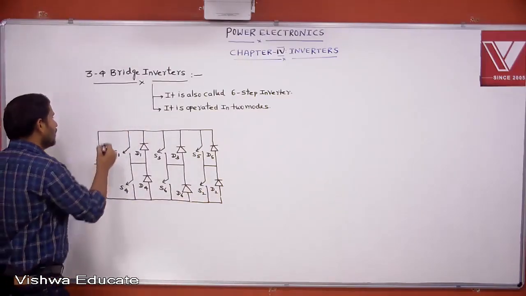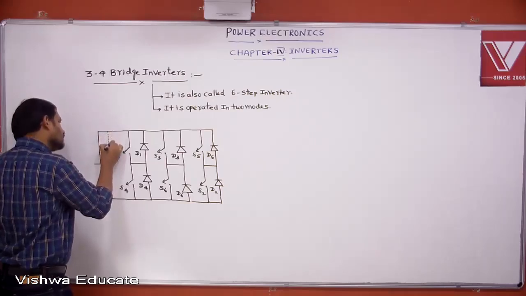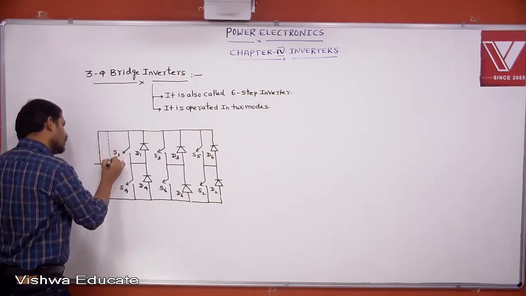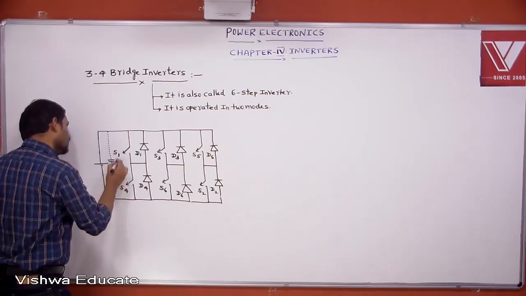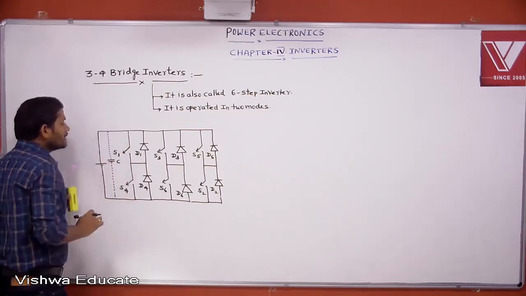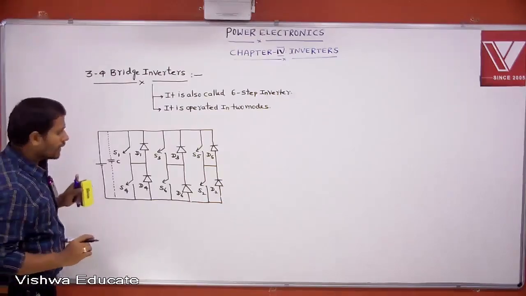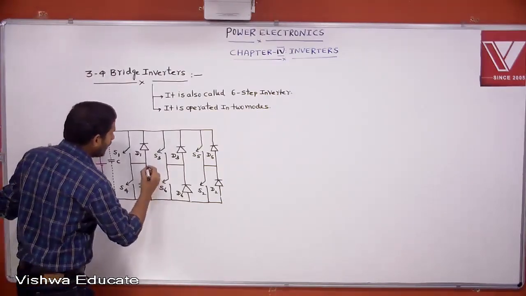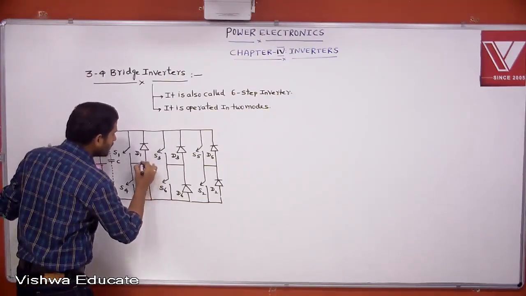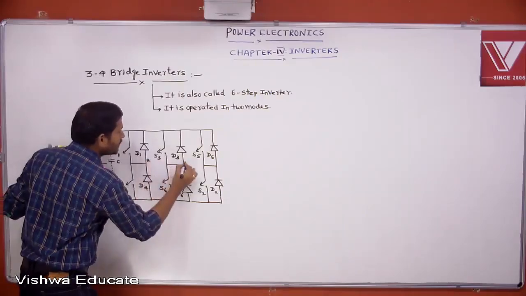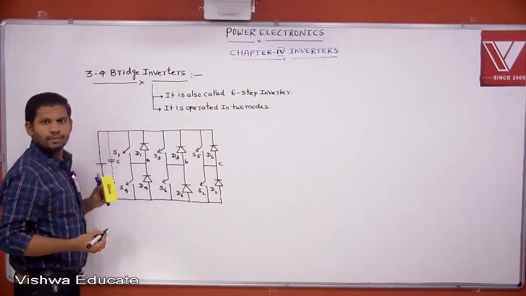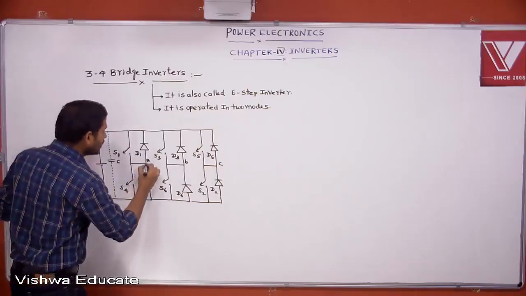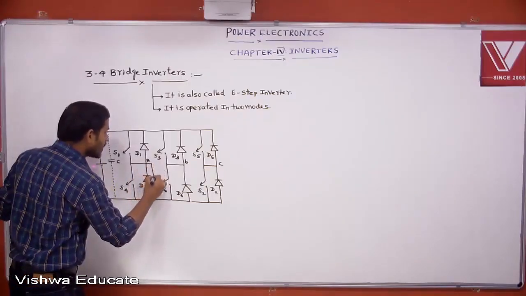Here at input side, we are connecting one capacitor. The purpose of using capacitor is to maintain constant DC at input side. Okay. Then let us assume that this is A phase, this is B phase, this is C phase. Assume that it is a star connected load.